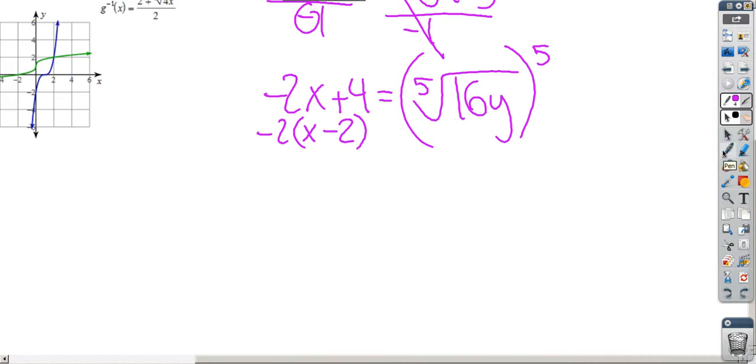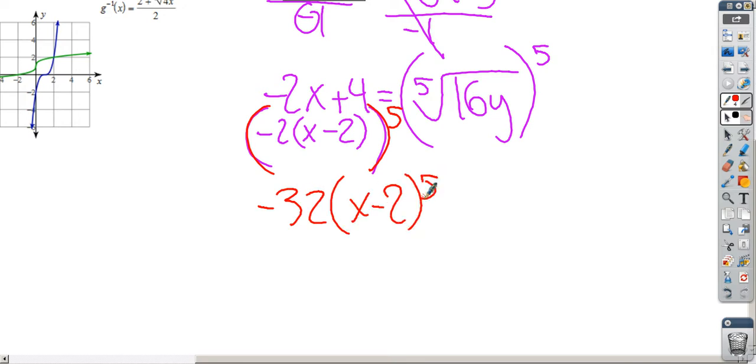Now we said that we raised the other side to the fifth power. Now we have to raise this side to the fifth power also. Negative 2 to the fifth power is negative 32. And x minus 2 to the fifth power, we'll just keep as is. Fifth rooting and raising something to the fifth power cancel each other out.